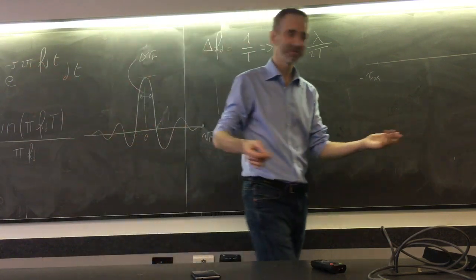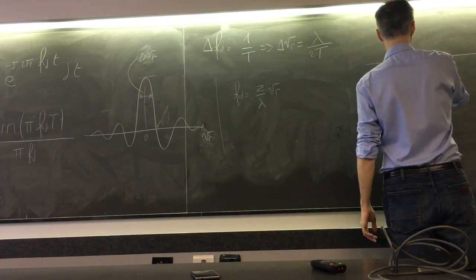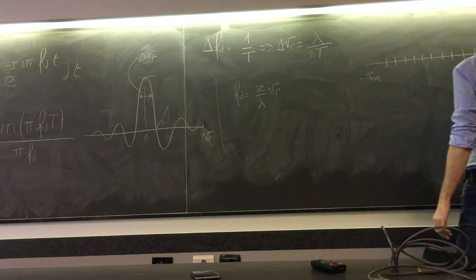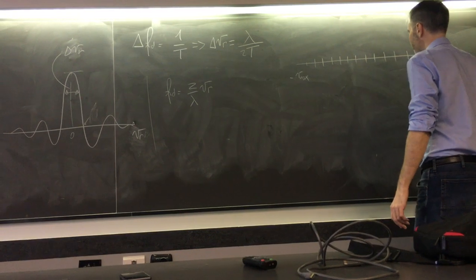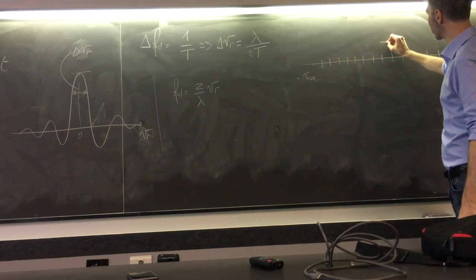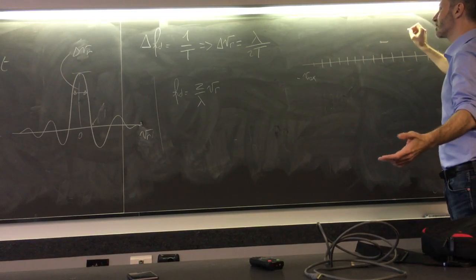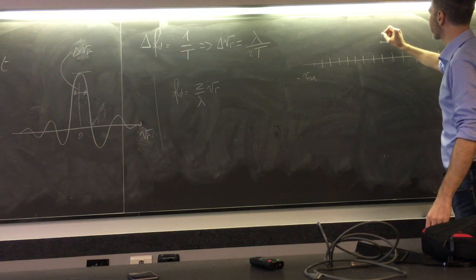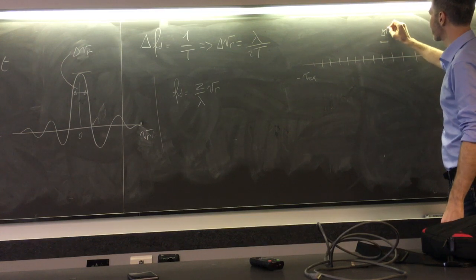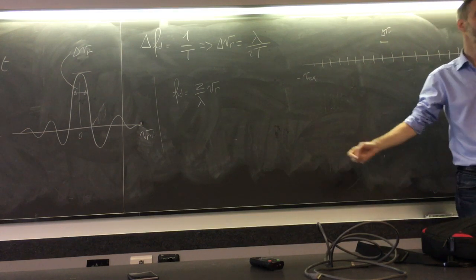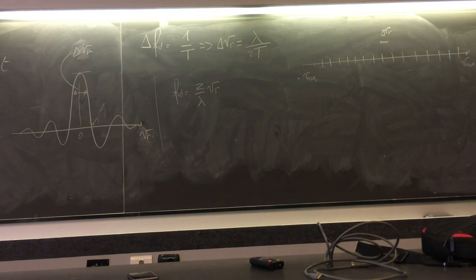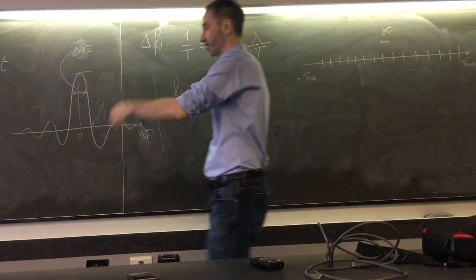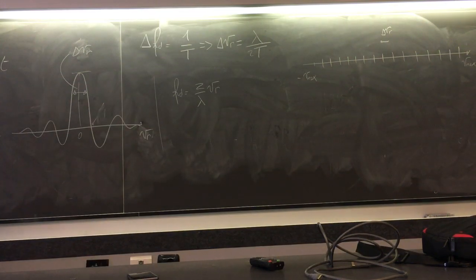So you can divide this range in intervals whose size is no more than this delta VR. Okay? And this is it. So you know exactly how to sample this function.